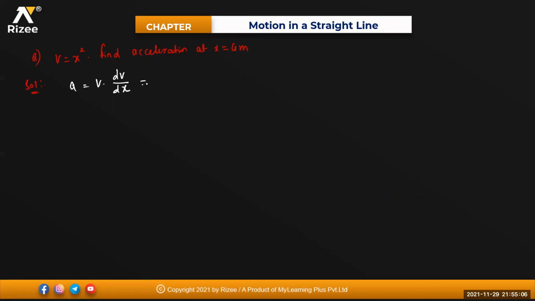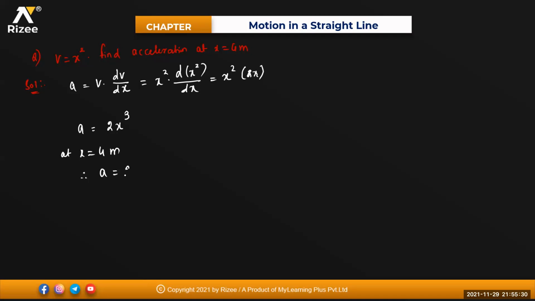So that is equal to V, which is x square, into the differentiation of x square divided by dx. That will become x square into 2x. That means acceleration is equal to 2 into x cube. It's asking at x equal to 4 meters.